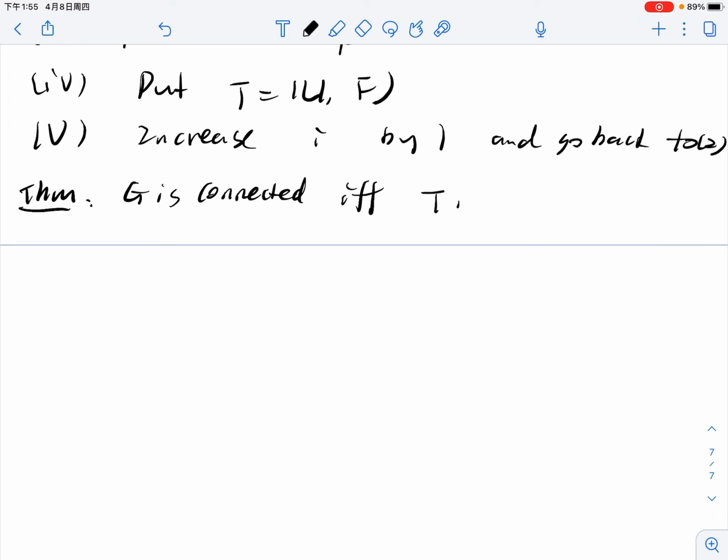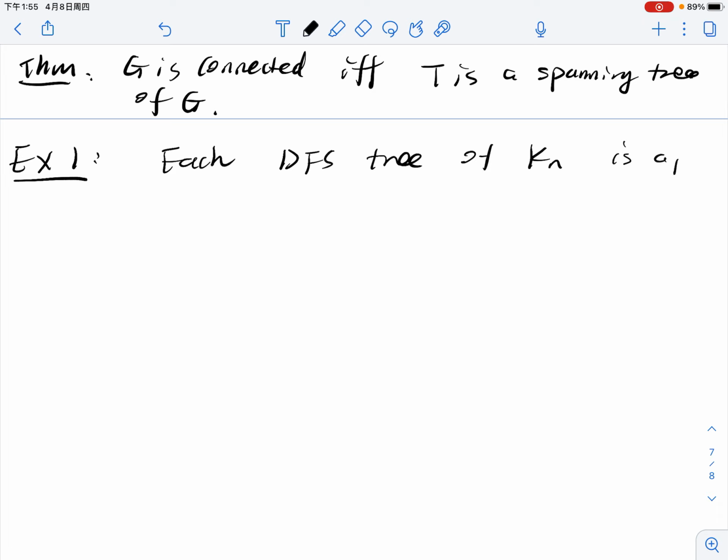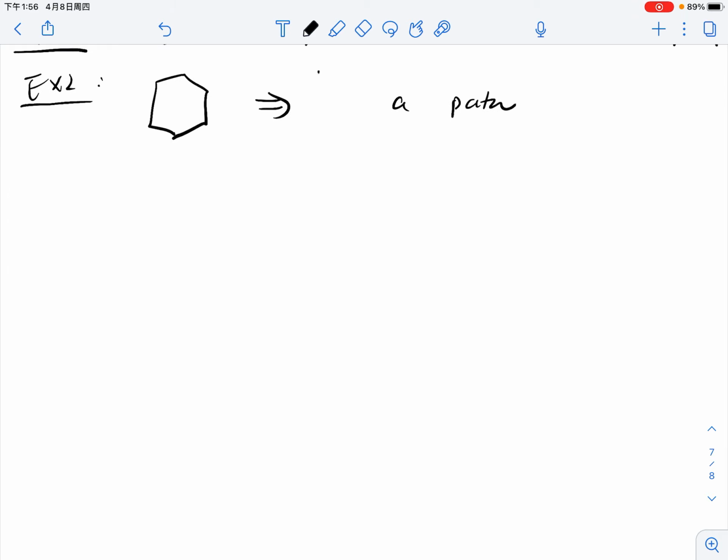if and only if T is a spanning tree. And we still look at the examples illustrated for BFS. So each DFS tree of the complete graph Kn is a path. And example 2, for the hexagon, we have a path. The DFS tree is a path.